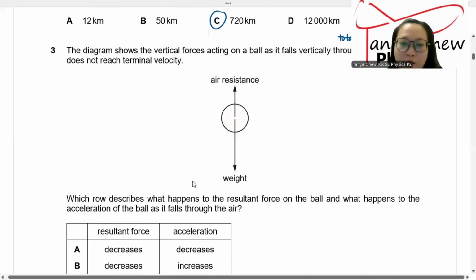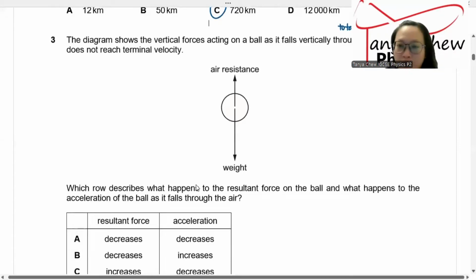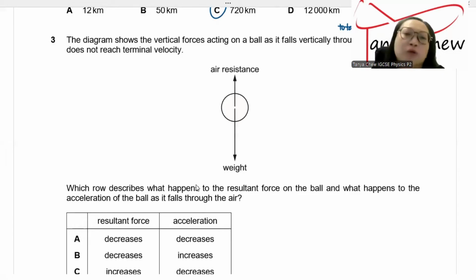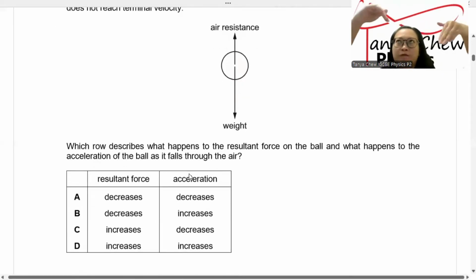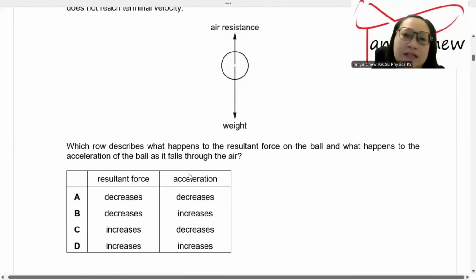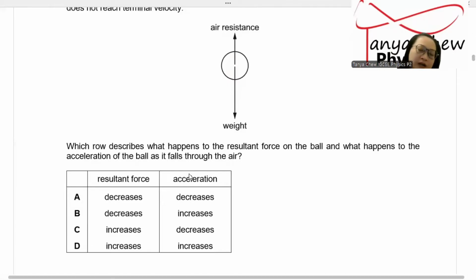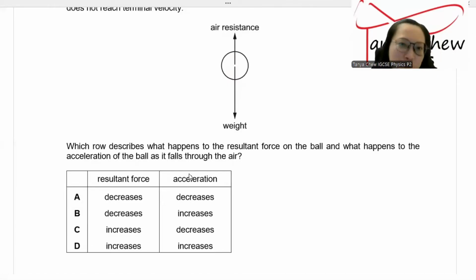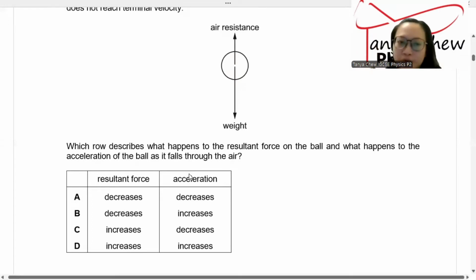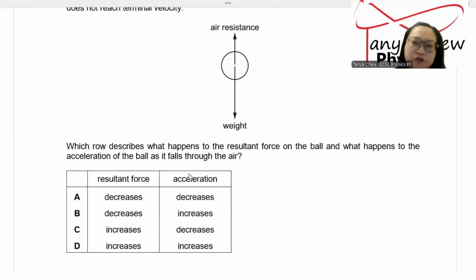So which row describes what happens to the resultant force on the ball and what happens to the acceleration of the ball as it falls through the air? Before the resultant force is equal to 0 and before the air resistance offsets the weight of the ball, the air resistance keeps on increasing due to the speed of the ball increasing as the ball is going towards the ground.